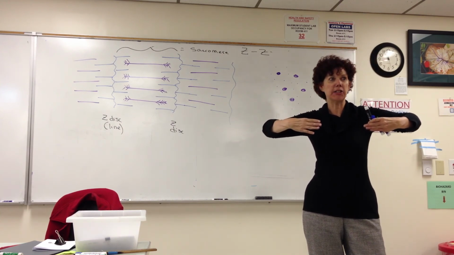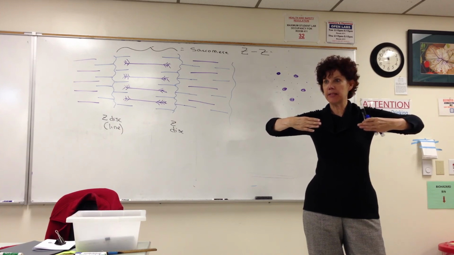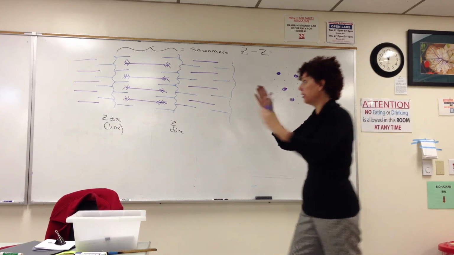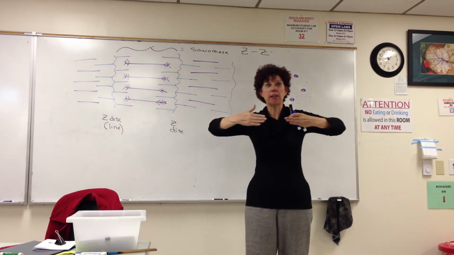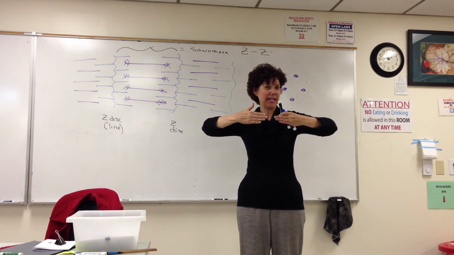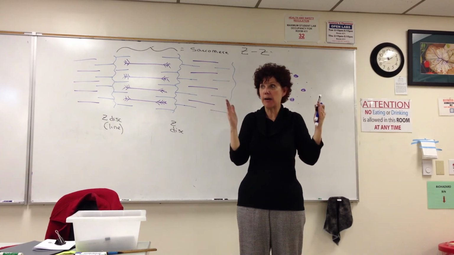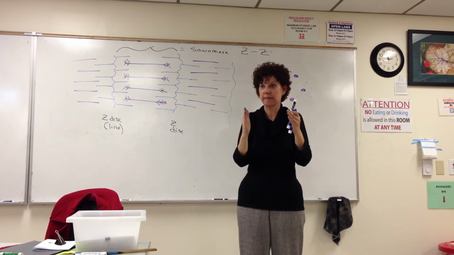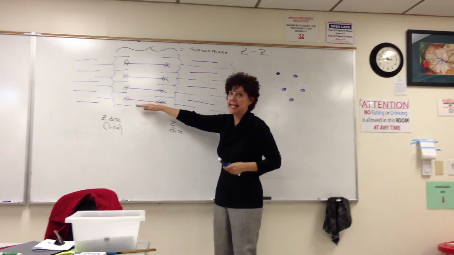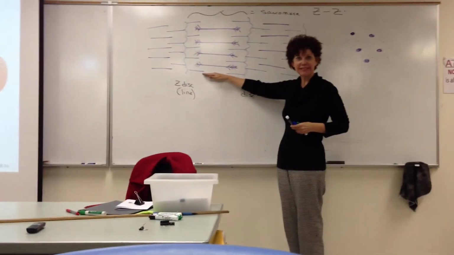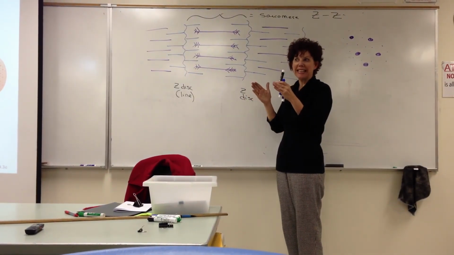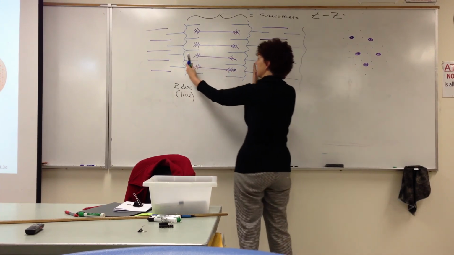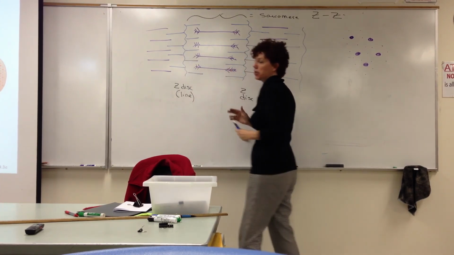When the muscle cell contracts, the actin filaments are pulled towards each other in the center, and the sarcomere shortens. That's the essence of how a muscle cell shortens. The myosin filament does not get shorter. The actin filament itself does not get shorter in length. It's the distance occupied by the two.